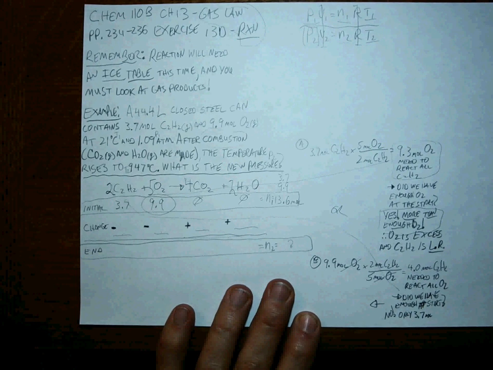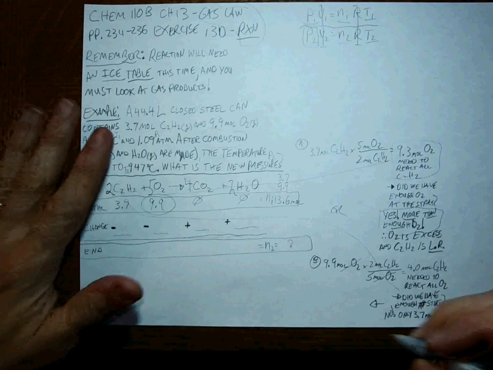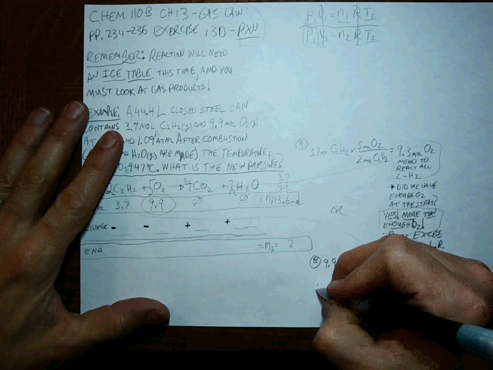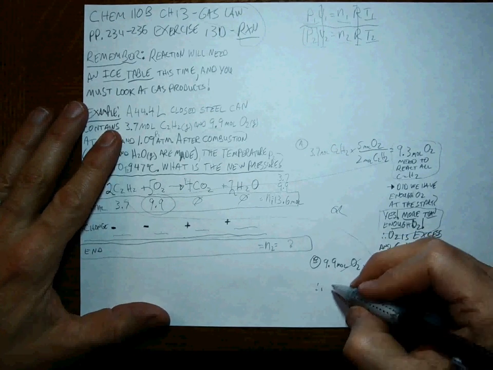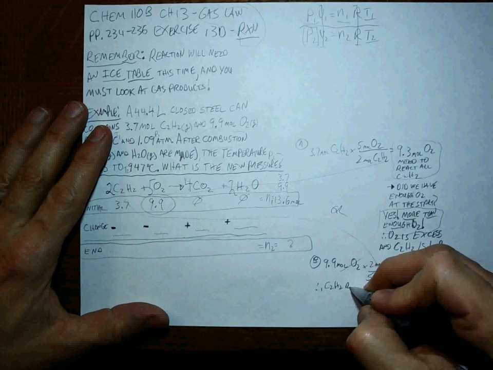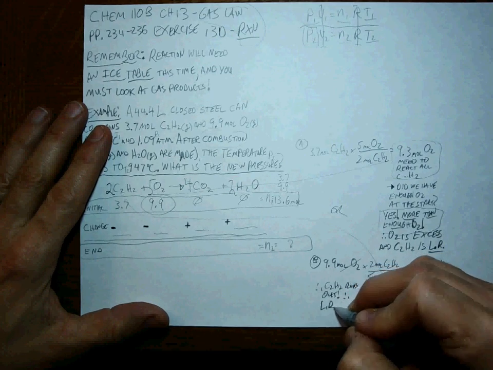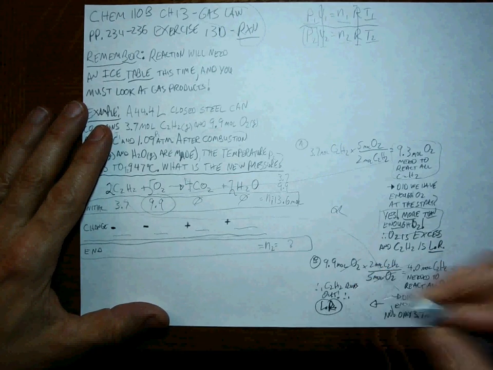So what does that say? Well, what that says should be pretty obvious. It should tell you, without question, that C2H2 runs out. Therefore, it is the limiting reagent.